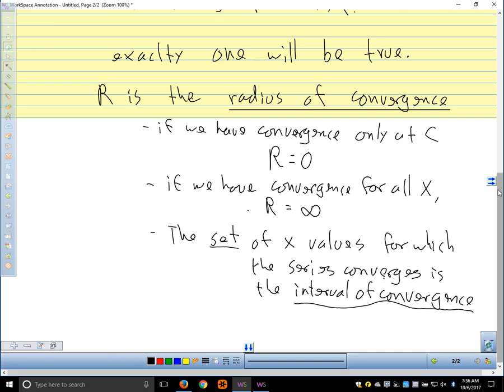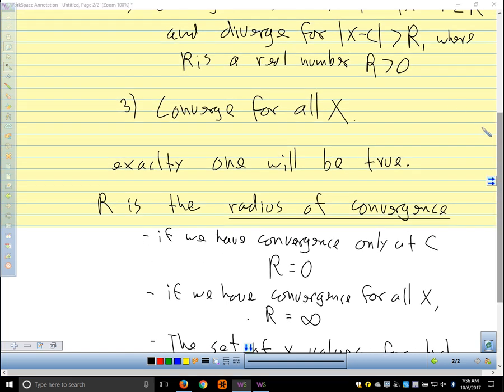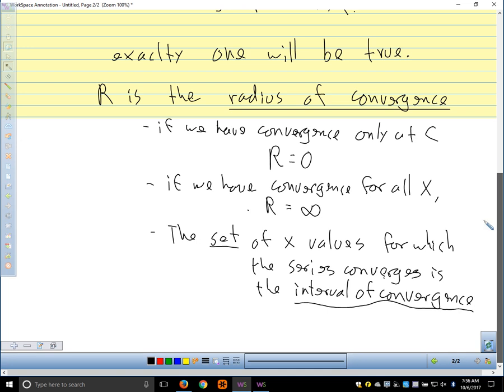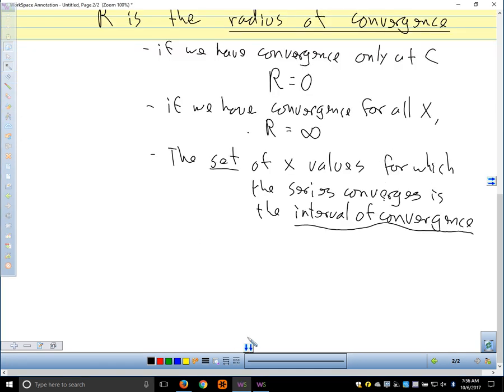we need to determine the convergence of our series at the endpoints of the interval, when x minus c equals r, separately. The endpoints of the interval converge independently of the values in the interval.